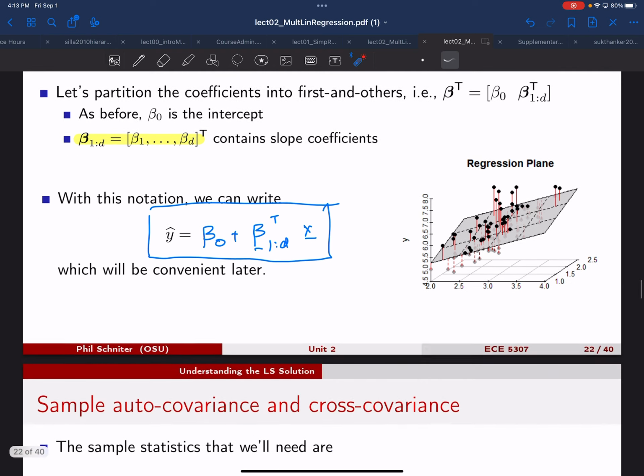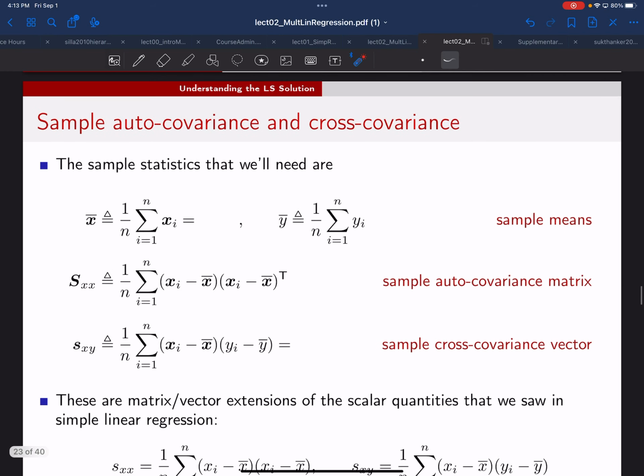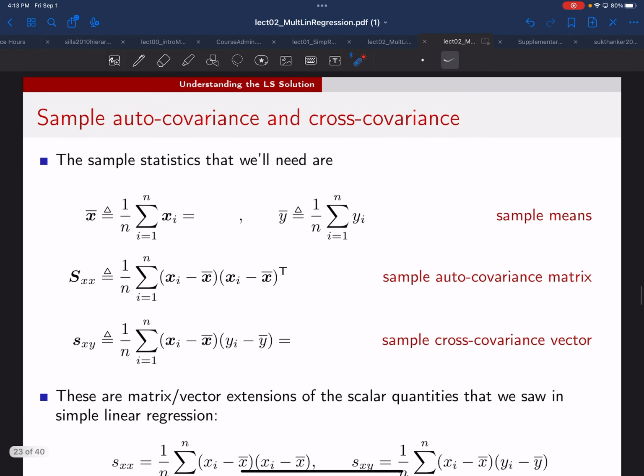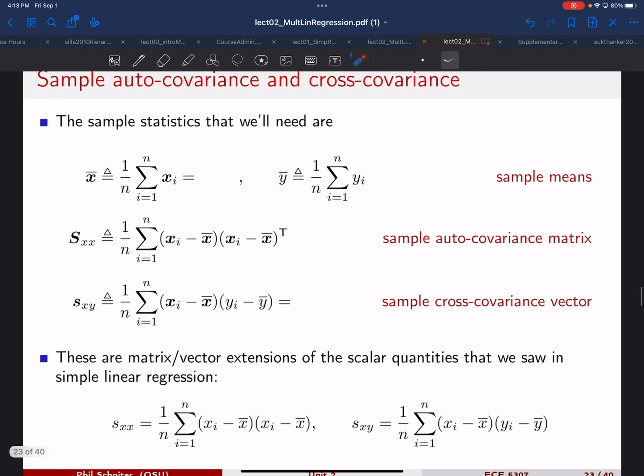All right, so the first thing we need to do is define some appropriate statistics. These statistics are going to be a direct generalization of the ones we looked at in the first unit, except they're going to apply to vectors because we have vector-valued features instead of scalar-valued features like in the last unit. So just to start, we'll start with the mean.